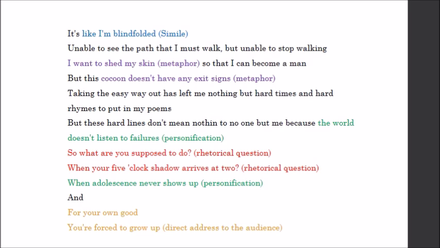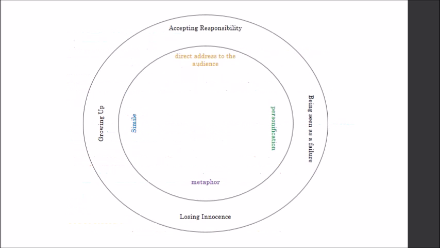And once I thought about my techniques, my next goal was to try and connect those techniques to what themes I found. So this idea of growing up, it's like I'm blindfolded. He says I'm unable to see the path that I must follow, but unable to stop walking. I've linked that simile to the theme of growing up, this idea that it's this thing that's happening to him and there's nothing he can do about it, and he's got no control or perception of where he's going.